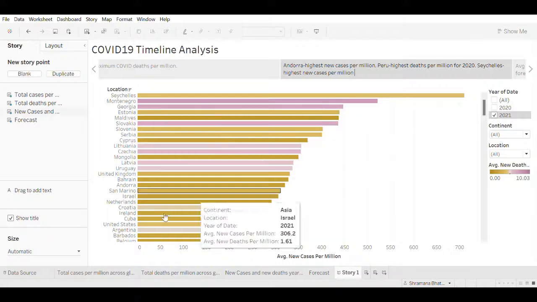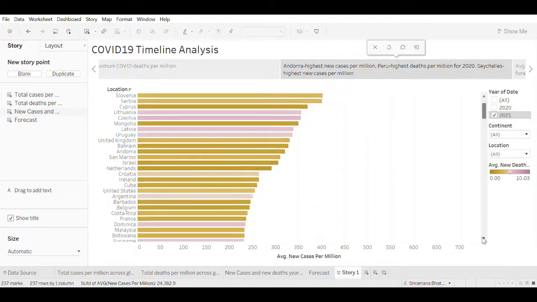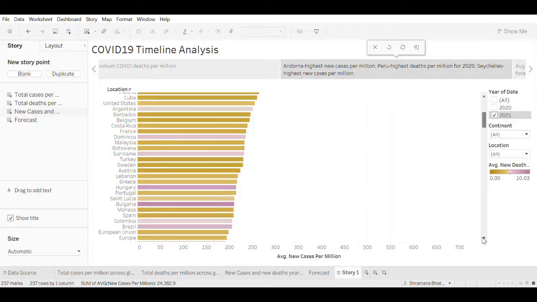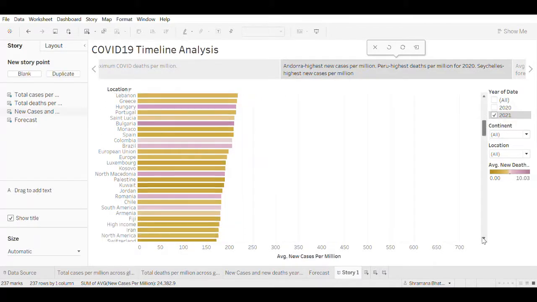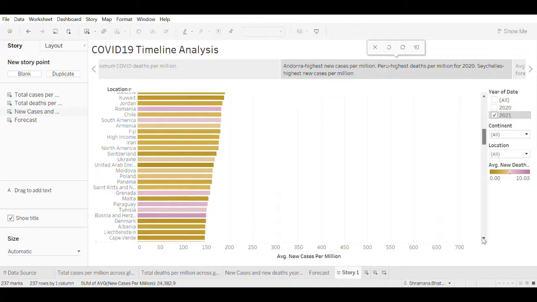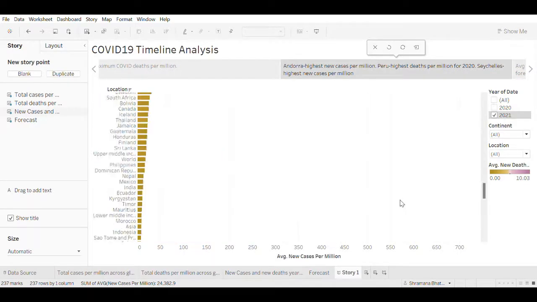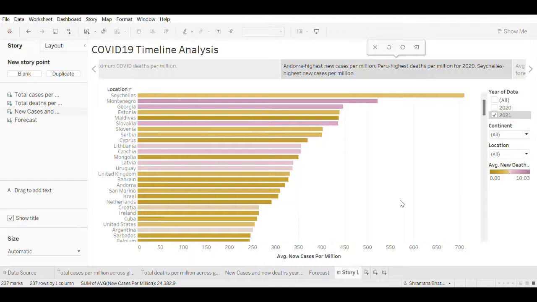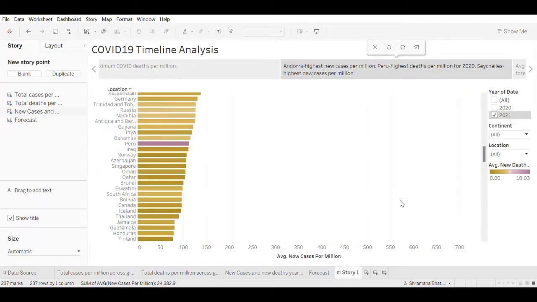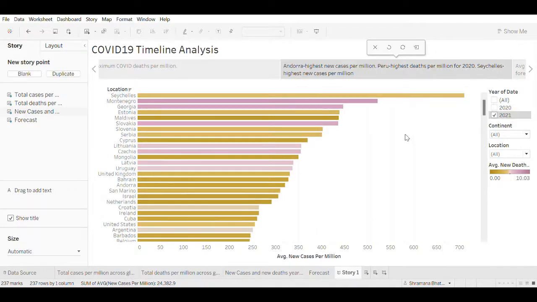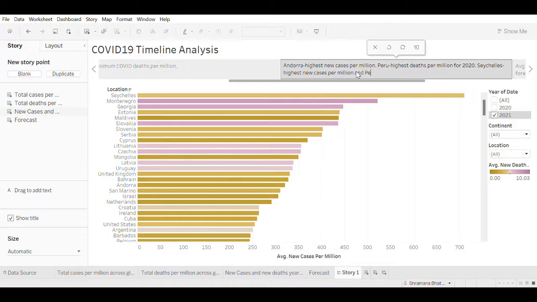Montenegro is there. So it's a whole world that we're studying. The darkest shade of purple, okay, I'm not able to spot it currently, but yeah, see Peru again. Nothing has changed. Peru is reporting the highest new deaths per million for 2021.